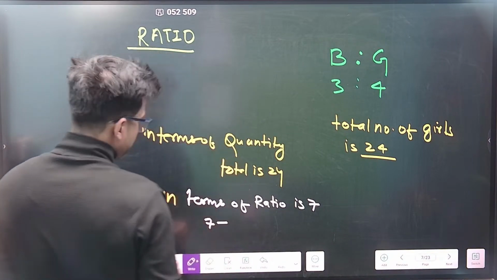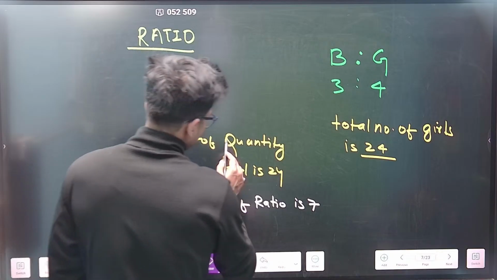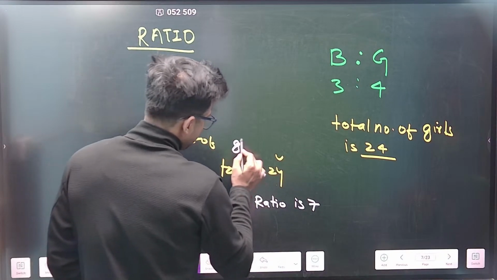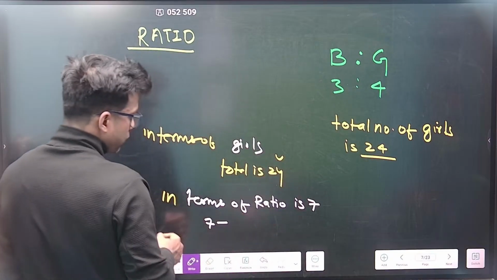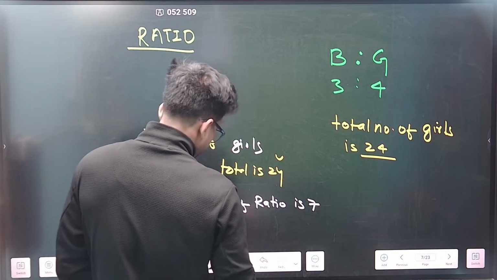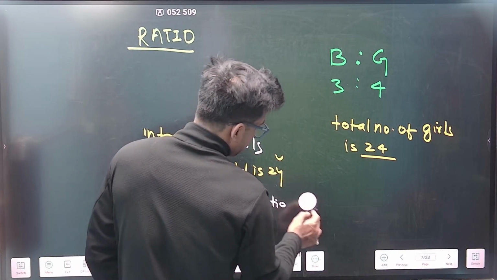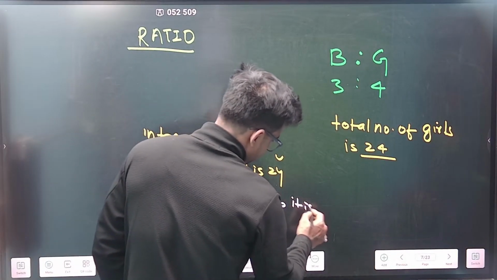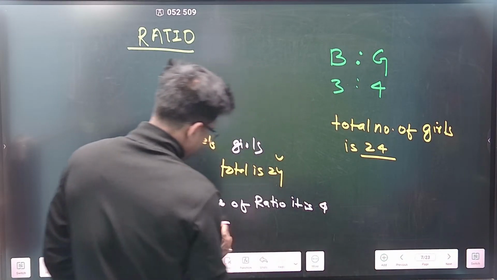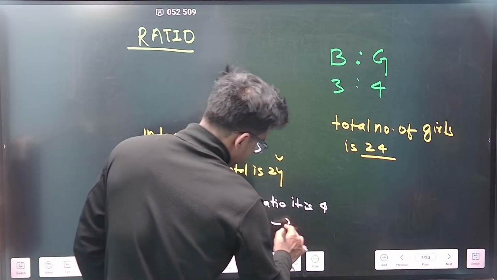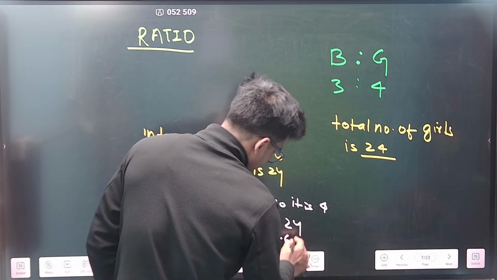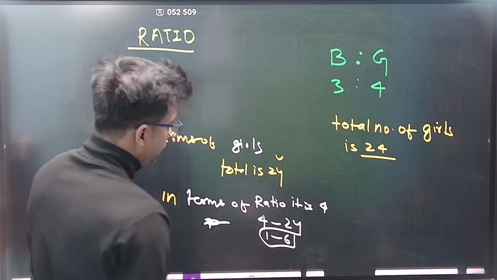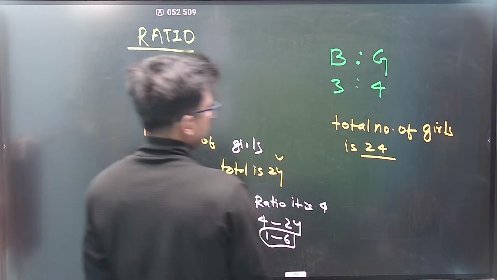In terms of girls, the total is 24, and in terms of ratio, it is basically 4. So can I say that 4 is equal to 24, then 1 would be equal to 6. If 4 is equal to 24 and 1 is equal to 6, you can find out everything.